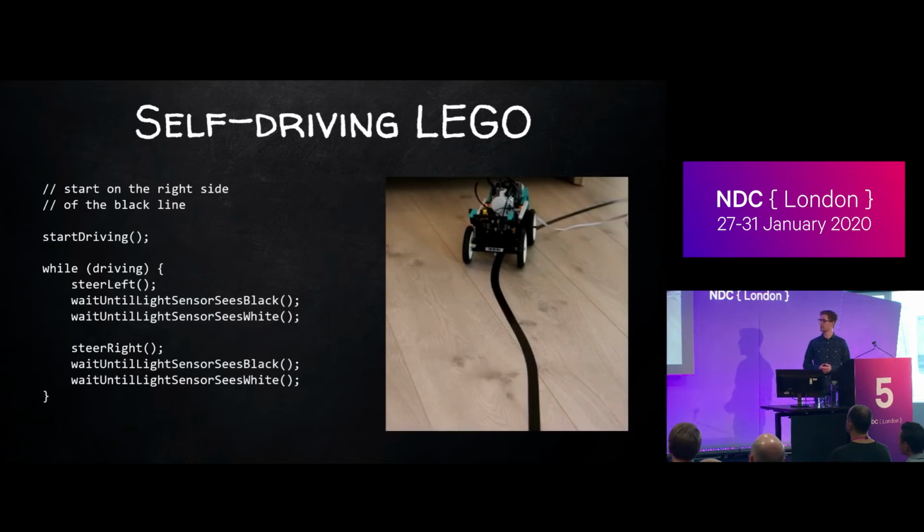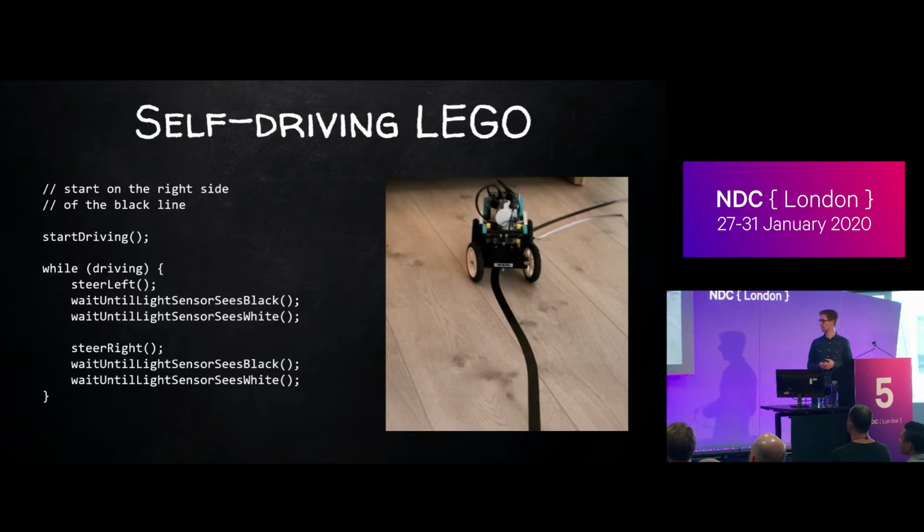So if we make another Lego car, which looks more like a normal car, it has a driving motor and it can steer, can we make that follow a black line using an algorithm that looks more or less like the algorithm we saw before? Well, let's try.